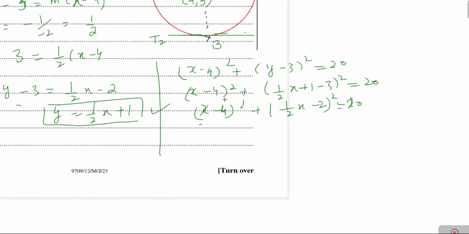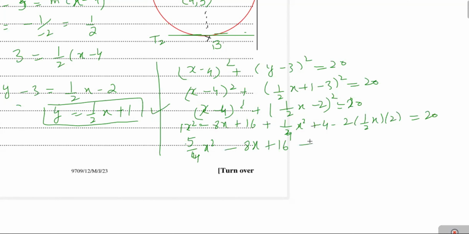Now we simplify this equation. We get x square minus 8x plus 16 plus 1 over 4x square plus 4 minus 2 into 1 over 2x into 2 equal to 20. That gives 5 over 4x square minus 8x plus 16 plus 4 minus 2x minus 20 equal to 0.